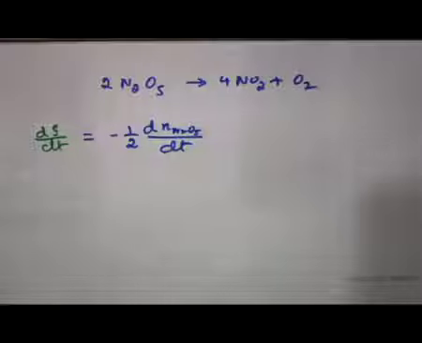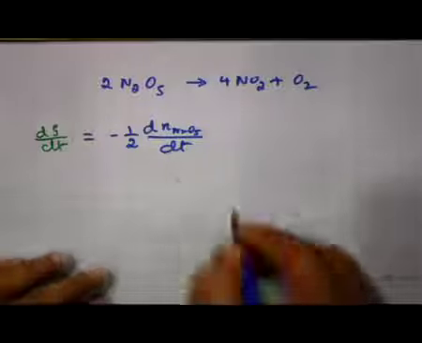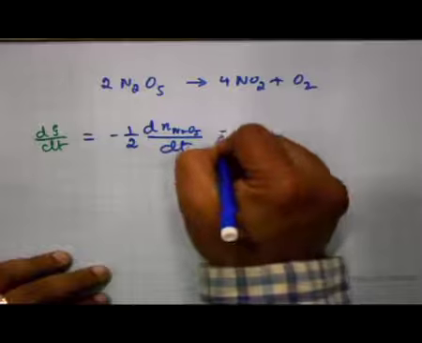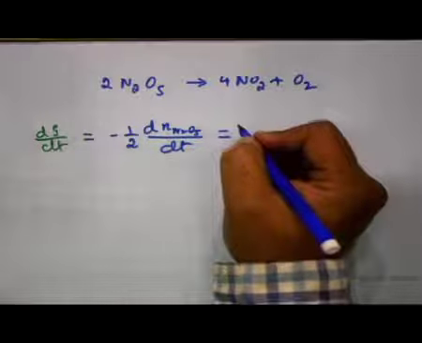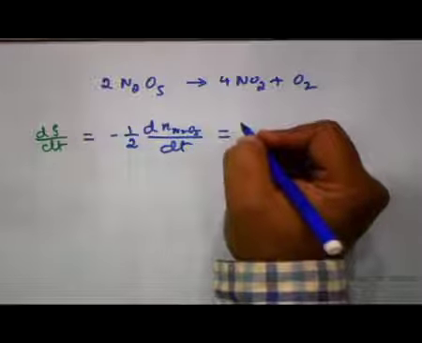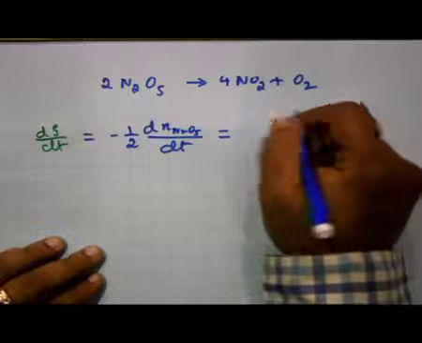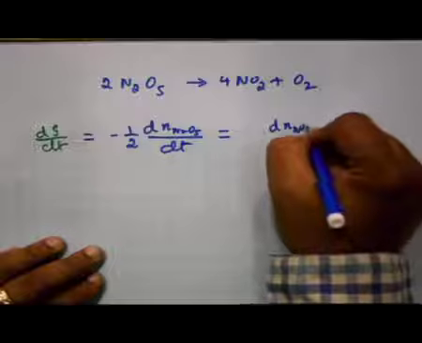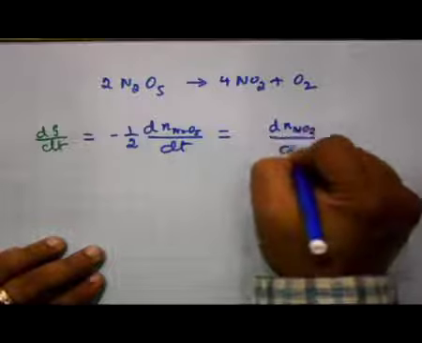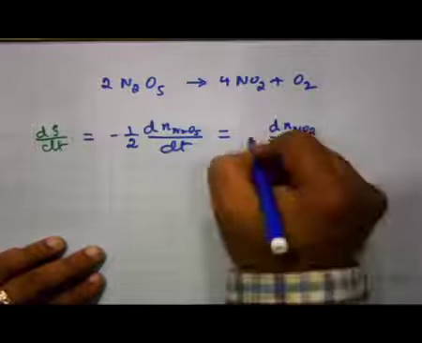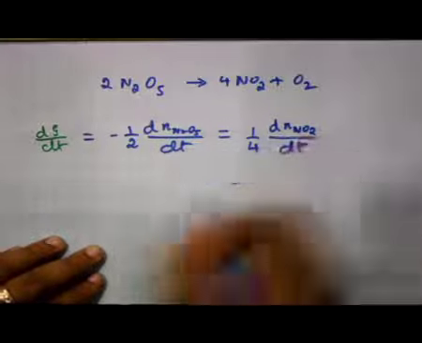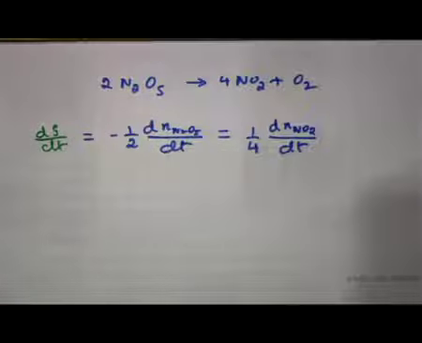So, this is the only reactant species we have. Then this is equal to the degree of advancement of the reaction, d psi by dt, in terms of the products. This would be d, the change in number of moles of NO2 with respect to time, and I will be having 1 by 4 out here.